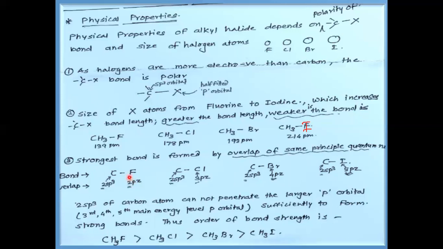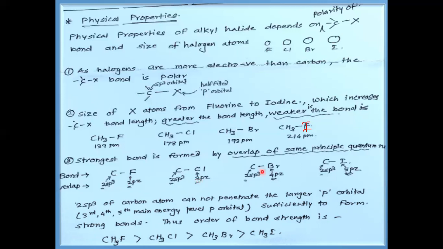So electrons with the same principal quantum number overlap in this bond formation, so this C-F bond is stronger. What happens in the C-Cl bond? Here carbon has second principal quantum number, but the electron belongs to 3pz. The third shell is the main energy level.